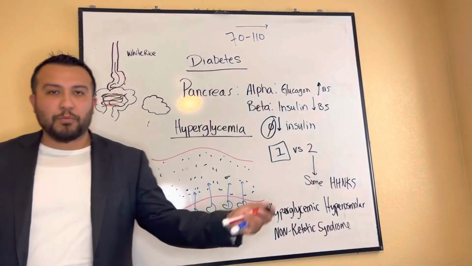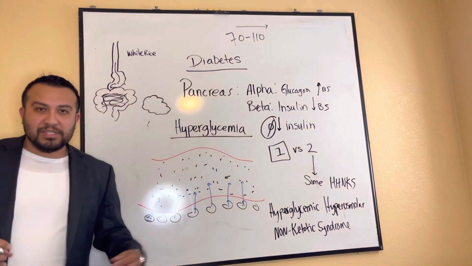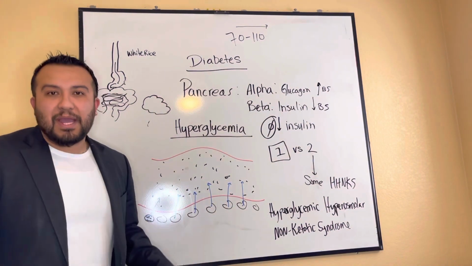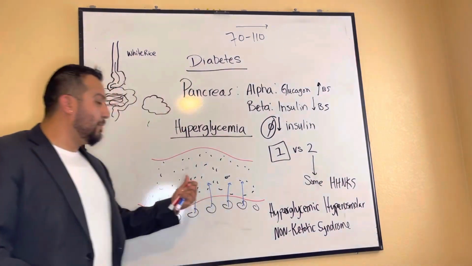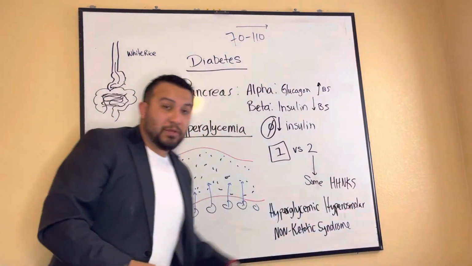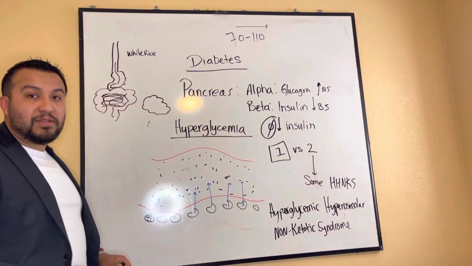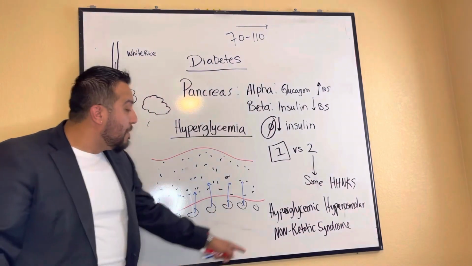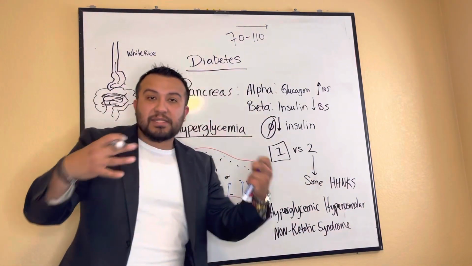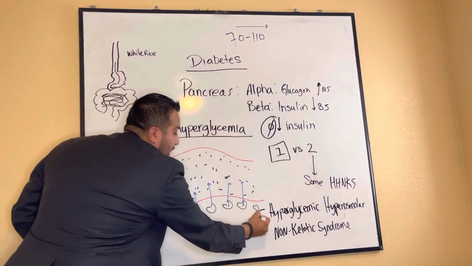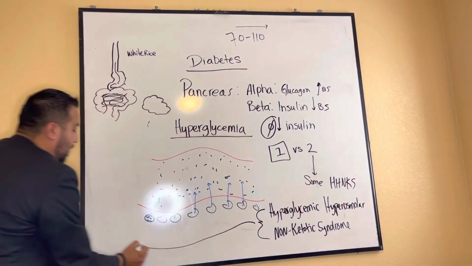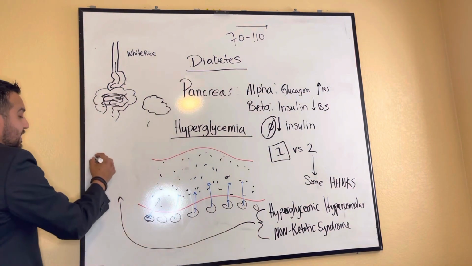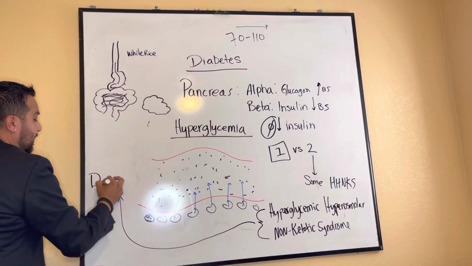I swear, as the years go by, the abbreviations and the names slightly differ, but it's the same concept. You have hyperglycemia, you have hyperosmolar, you have a lot of fluid being pulled out of the cells into the bloodstream to dilute the sugar, but you don't have any ketones, and it's this syndrome, it's this condition. And I want you guys to be very clear on the idea that this patient's main issue is dehydration.